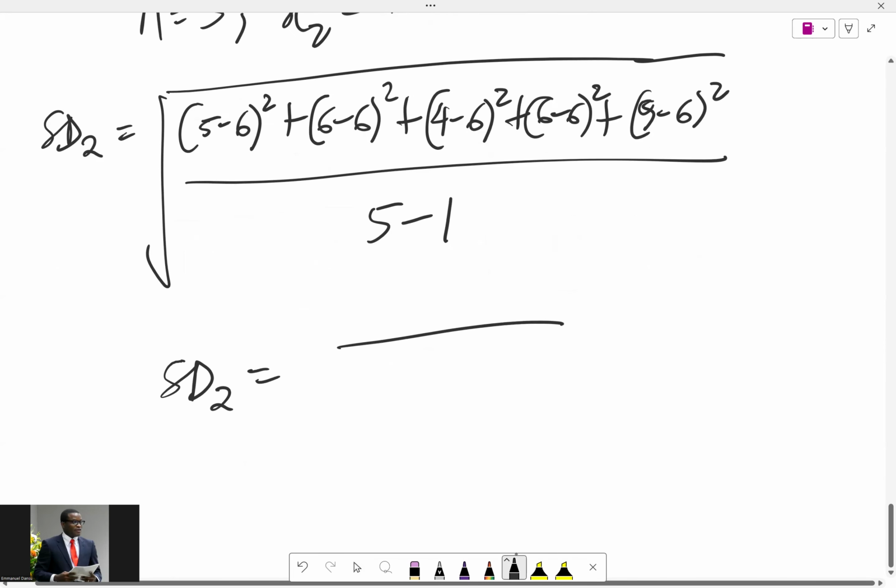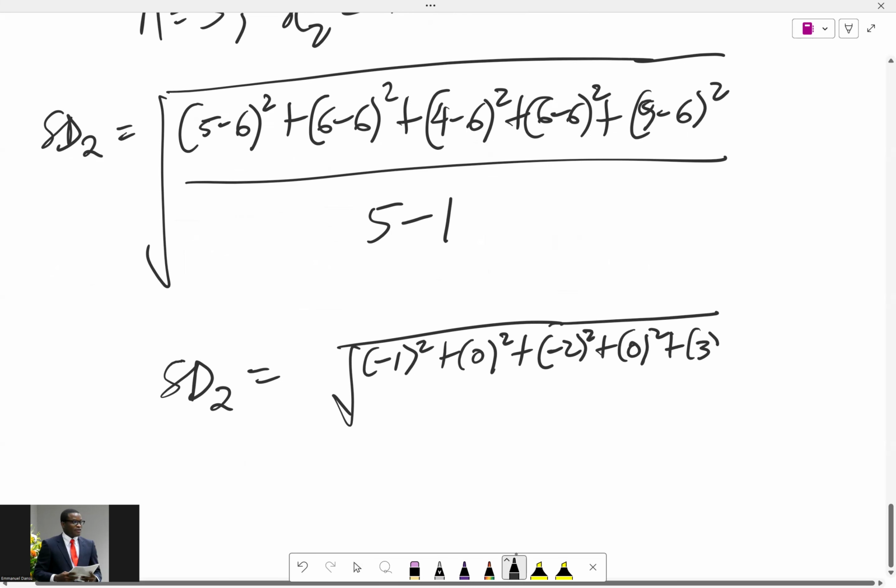So this is the square root of, 6 minus 6 squared is already 0, 6 minus 6 squared is also 0. Let's go step by step. Now I can flex my muscle because I don't have to stress with a calculator too much. So that's minus 1 squared plus 0 squared plus minus 2 squared, since 4 minus 6 is minus 2, plus 6 minus 6 squared is 0 again, plus 9 minus 6 is 3 squared.